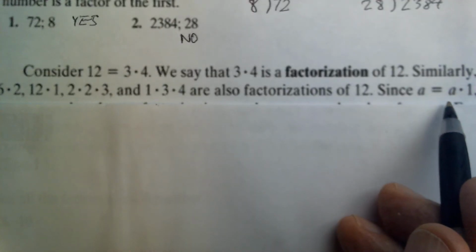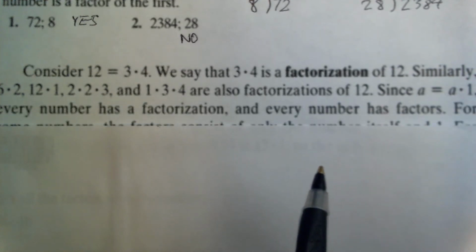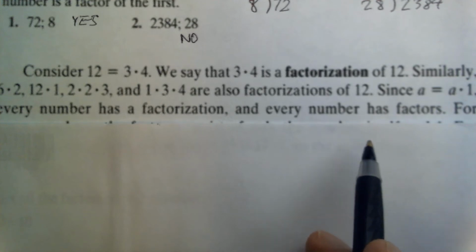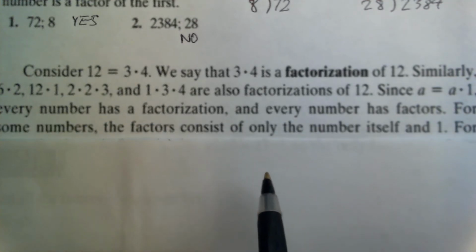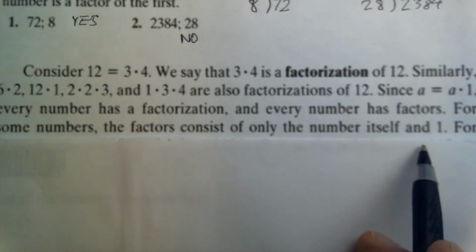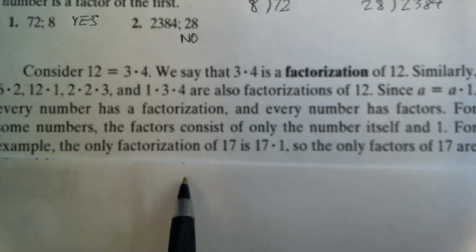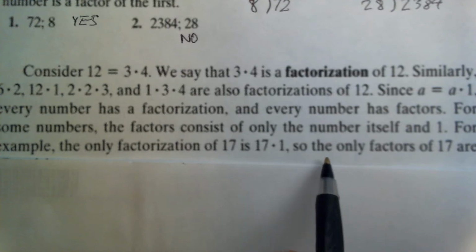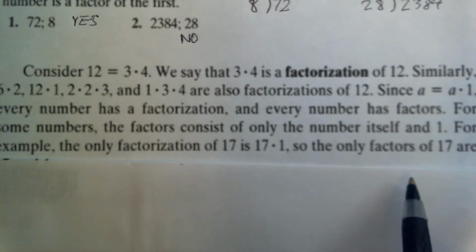And since a equals a times 1, every number has a factorization, and every number has factors. For some numbers, the factors consist only of the number itself and 1. For example, the only factorization of 17 is 17 times 1, so the only two factors are 17 and 1.